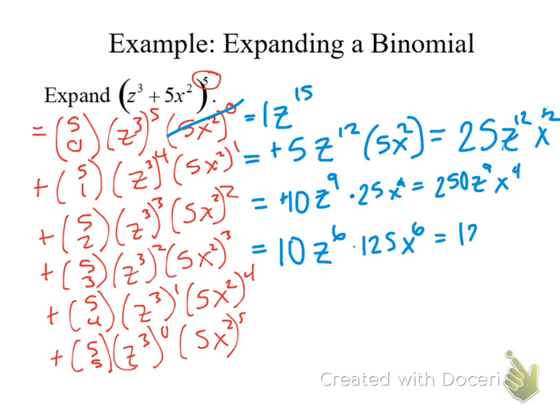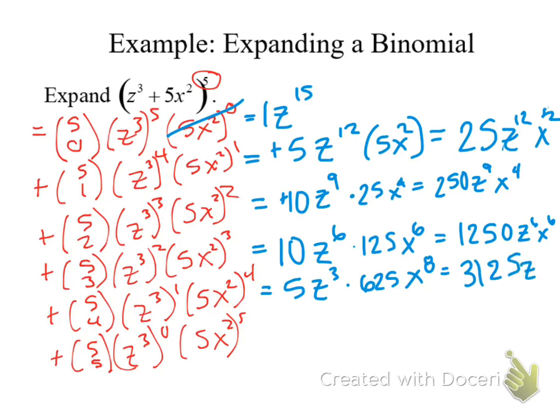So this will give me 1250 z to the 6th x to the 6th. 5 choose 4 is 5, leaving me with z cubed. 5 to the 4th is 625, and that'll be x to the 8th. So 625 times 5 is 3,125 z cubed x to the 8th.